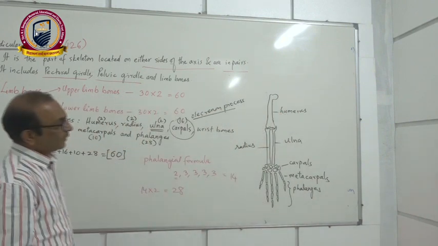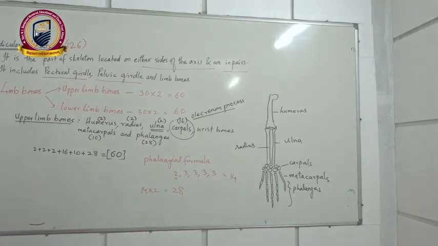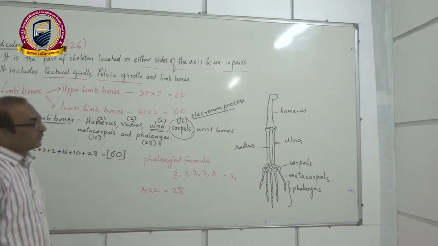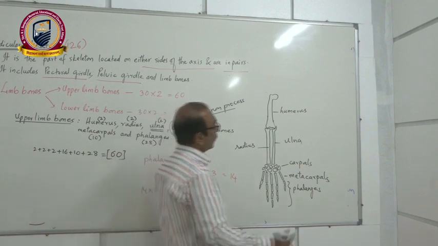So this is how each arm or each upper limb we call has got around 30 bones.